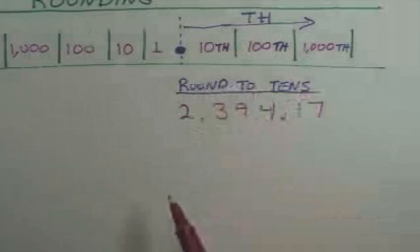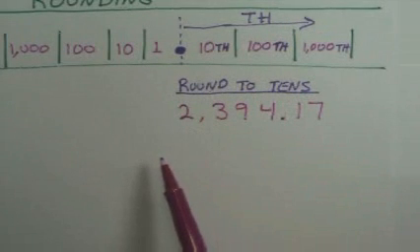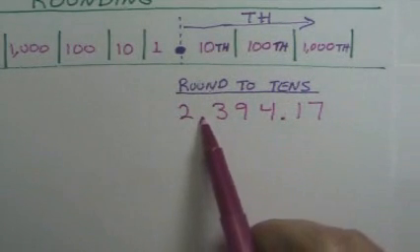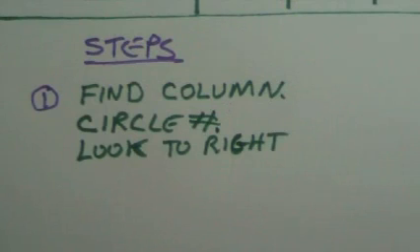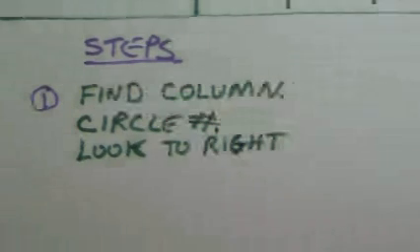Okay, this will be the number that we're going to round to the tens. That's a comma right there. Okay, this is one step, but it seems like a lot.